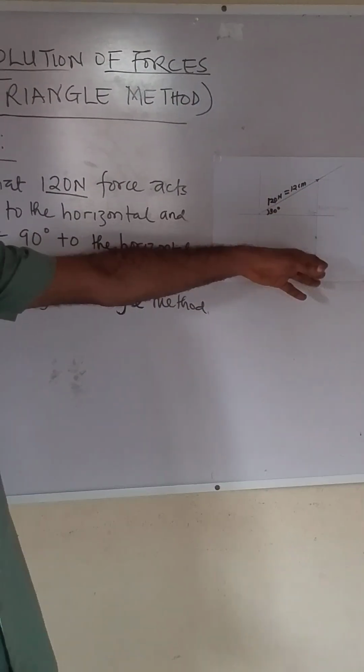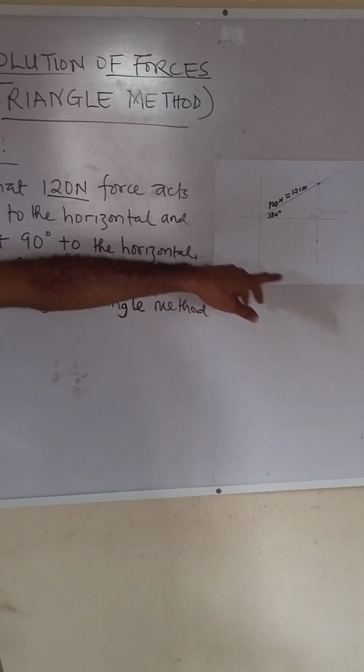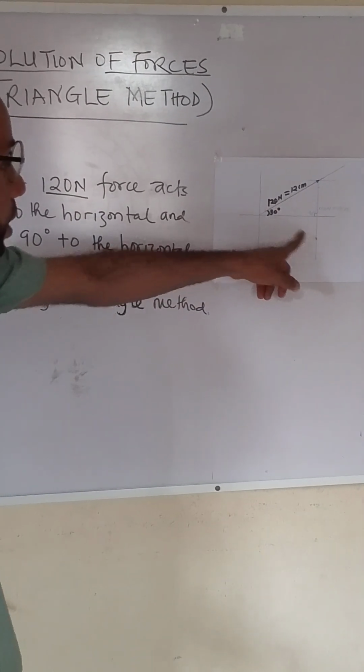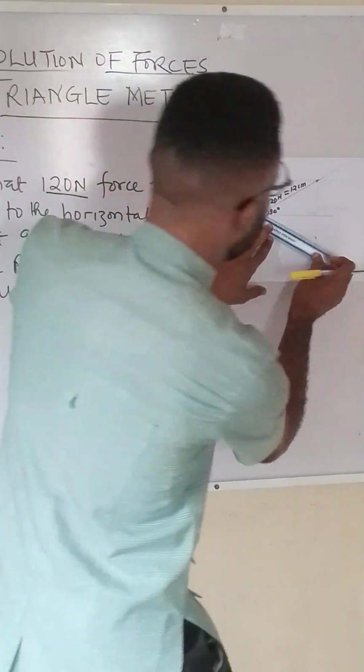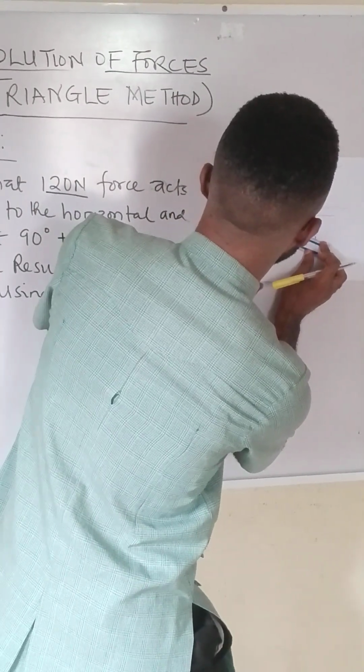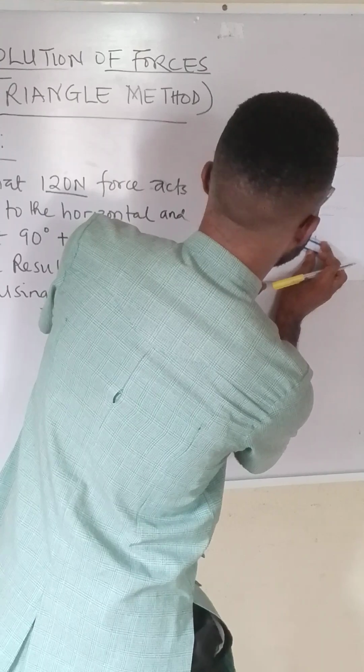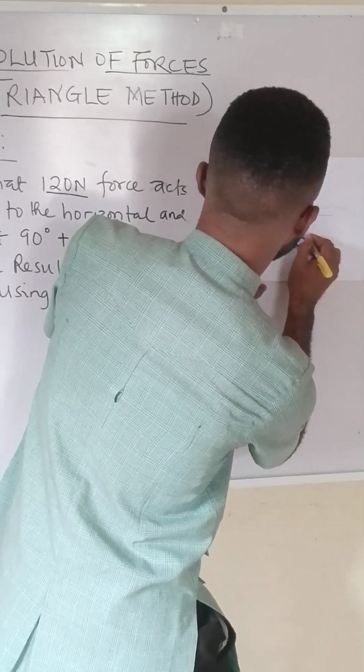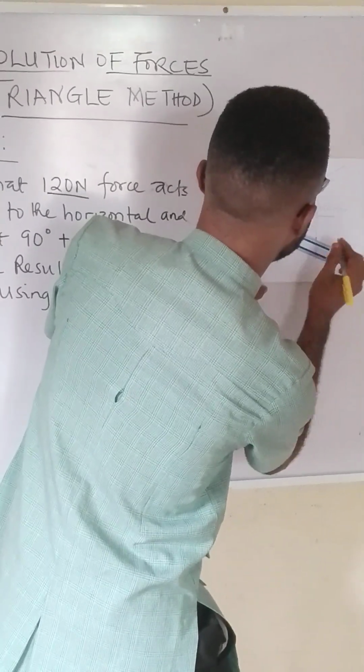So now we look at drawing our resultant. We take our resultant down.